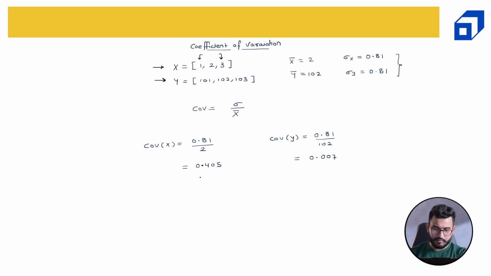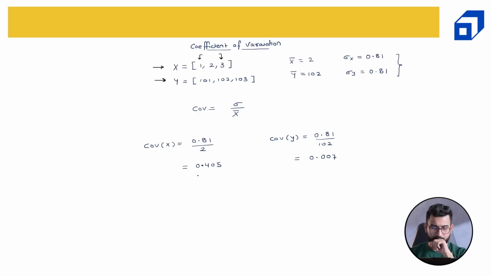So when we have to compare the variation among two or more series, we look at the coefficient of variation. A higher value represents higher variation.